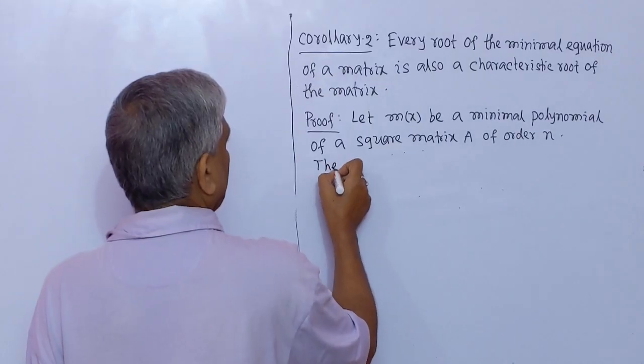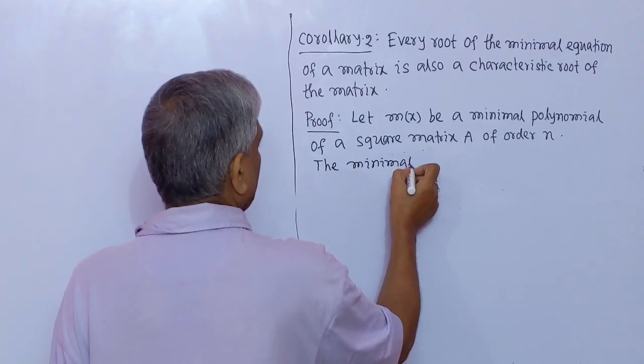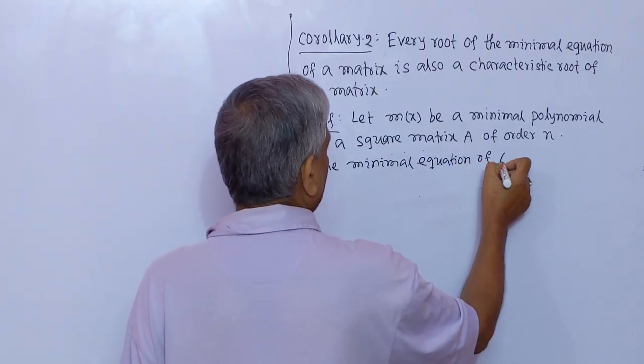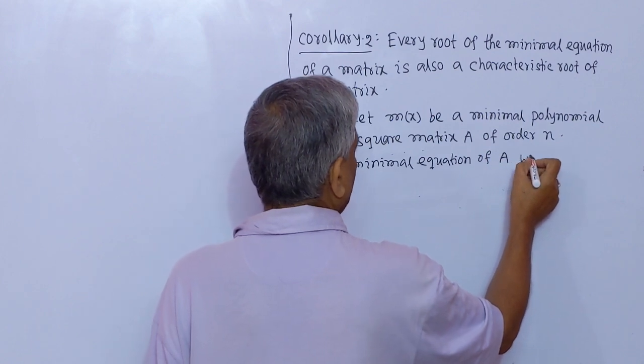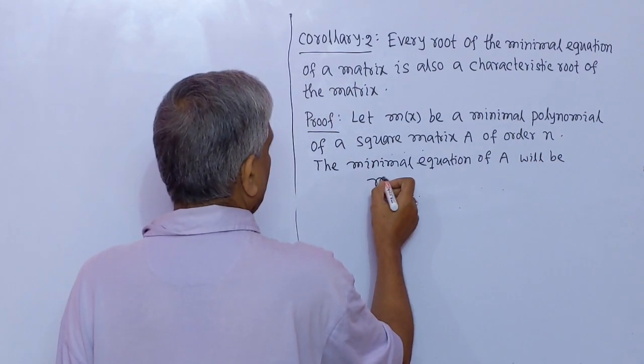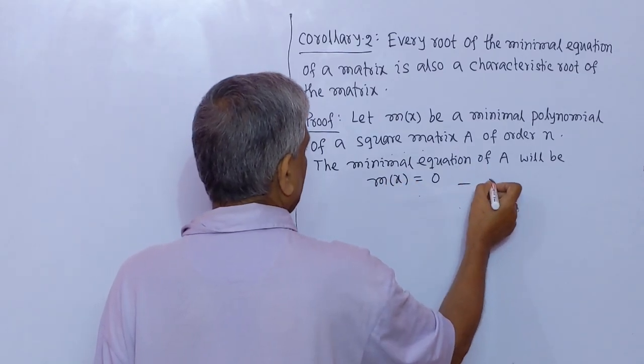The minimal equation of A will be m(x) equal to 0. This is number 1.